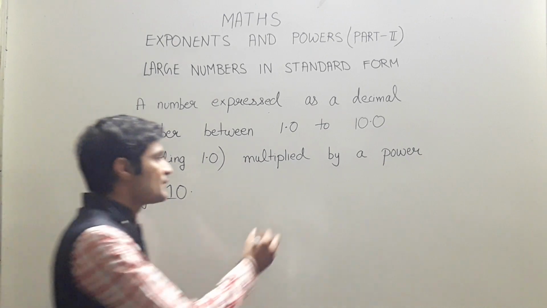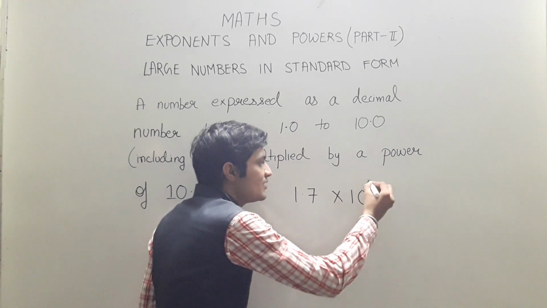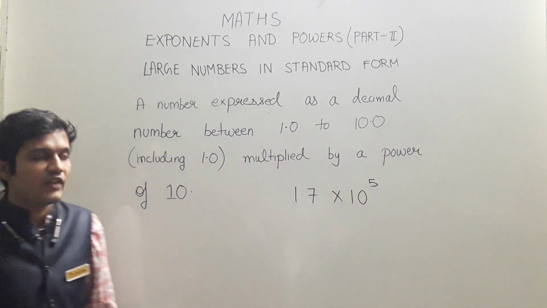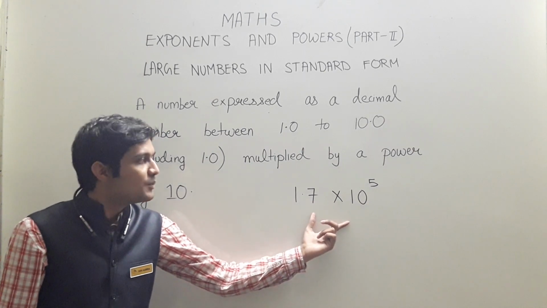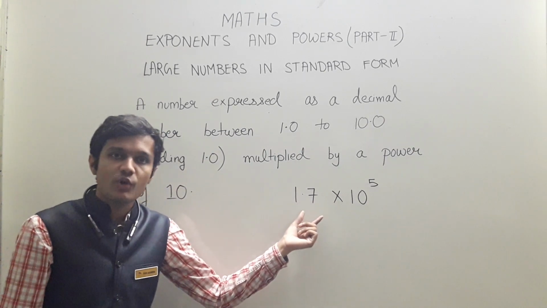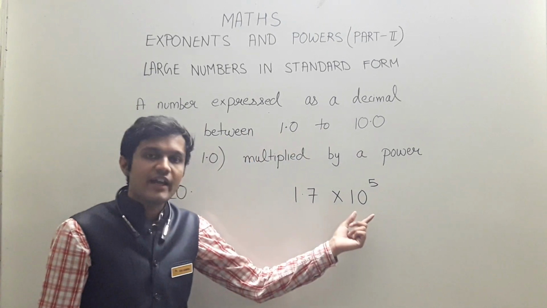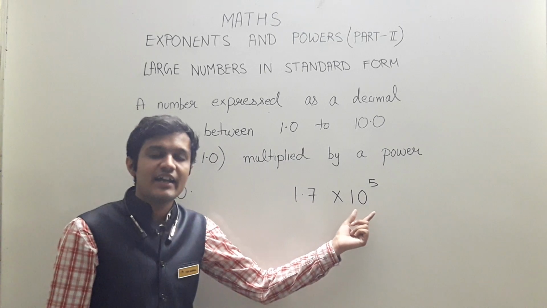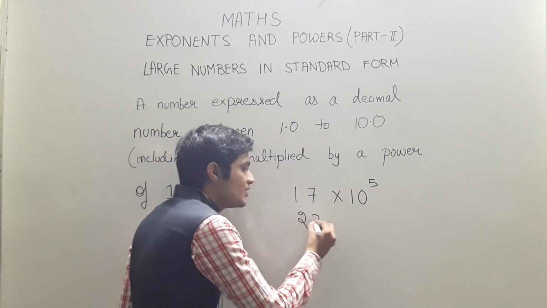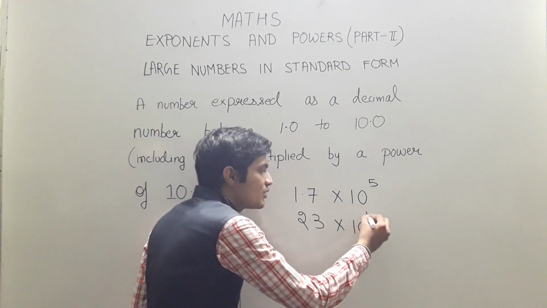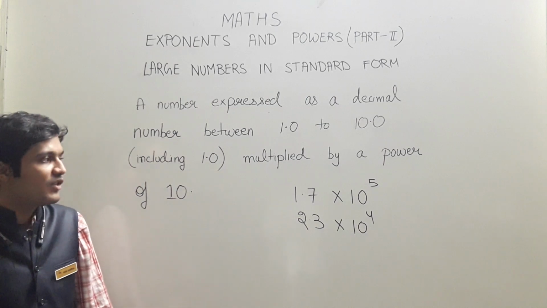For example, if I write a number in this form, 1.7 into 10 raised to the power 5, then this is the standard form, because here the number 1.7 lies between 1 and 10 and the exponent is expressed as a power of 10. Similarly, you can also write 2.3 into 10 raised to the power 4. This is also a standard form of a number.